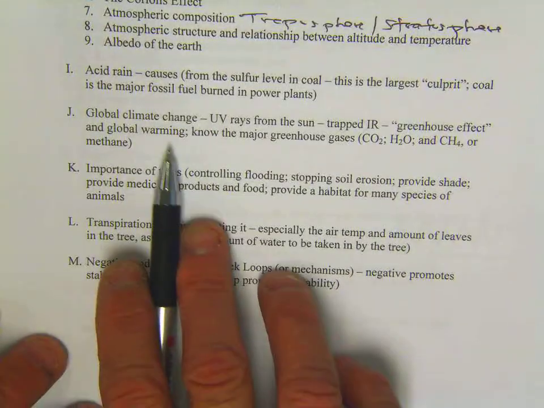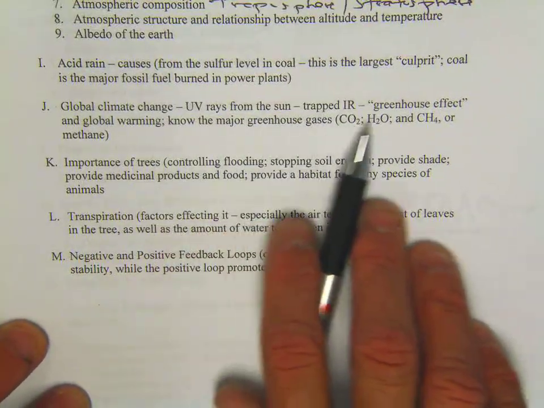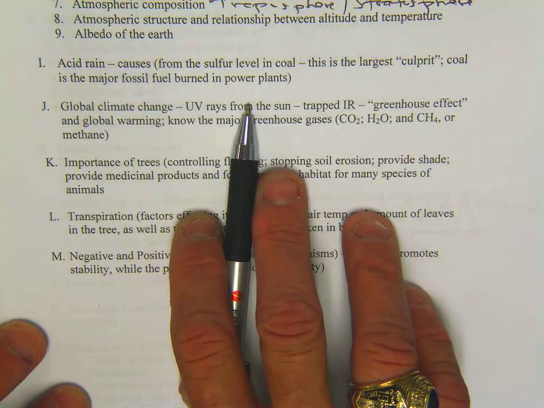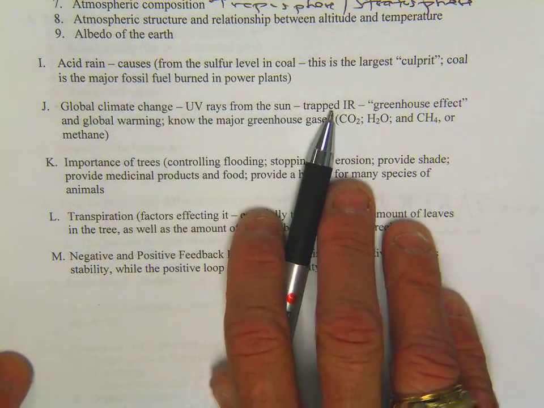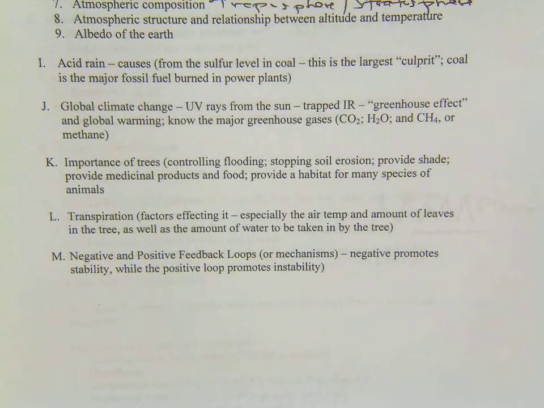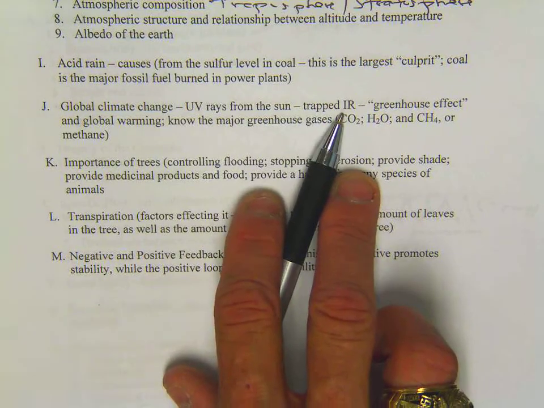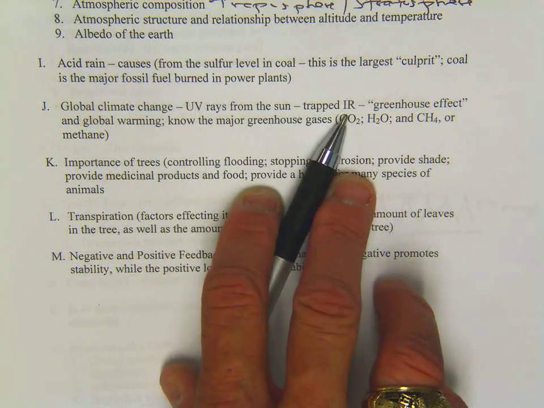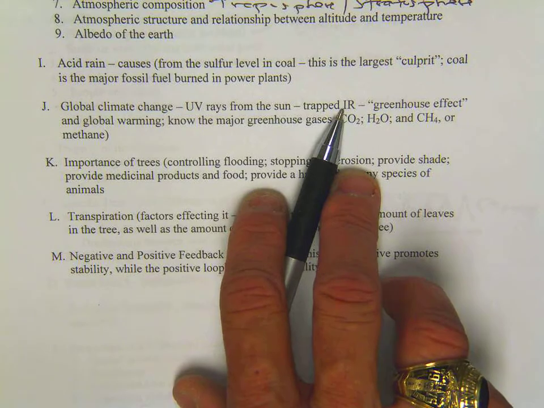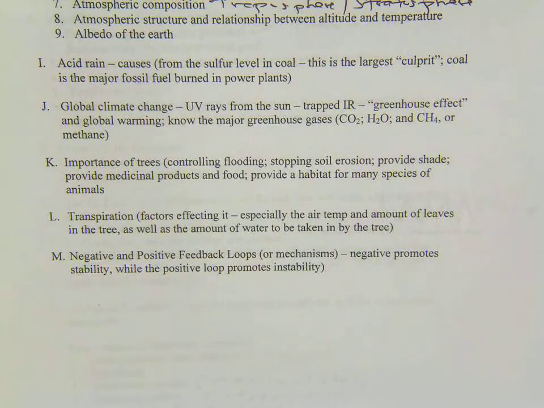I would know about global climate change. You should have an idea. The UV rays from the sun come through our atmosphere, basically heat up the Earth. After they do so, they lose some energy and become like infrared rays, which have less energy. This energy should radiate out of the atmosphere, and some of it does not.